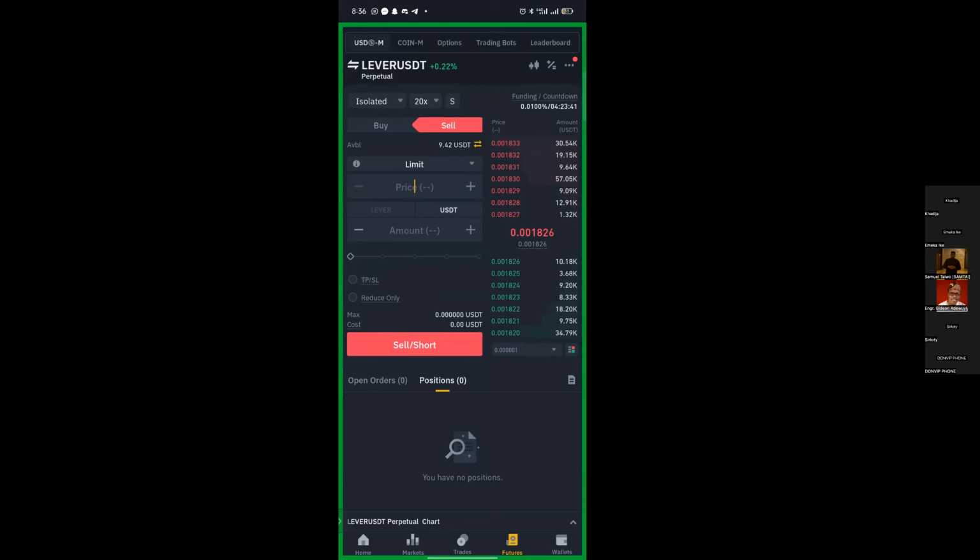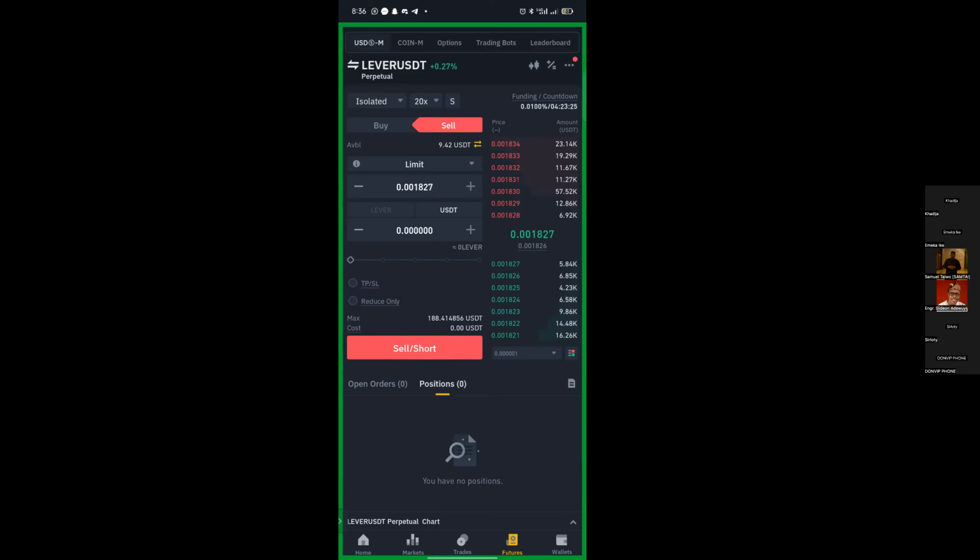Now, there's something I tell traders: if you want to trade, don't just say because you have $1,000 here, you just enter with $200 or $500 because you want to make $1 million. No, there are rules. What they call portfolio management is how you manage your portfolio. I have $9 as my total wallet balance here, so I cannot just enter with $5 because I want to make an extra 100%.